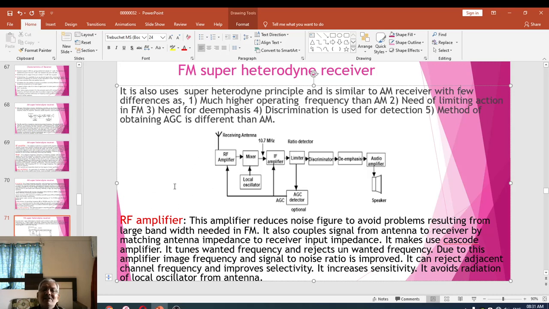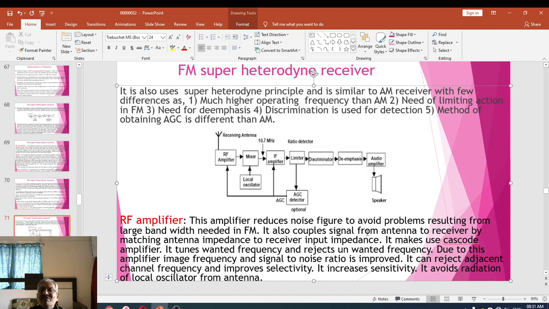The first block it includes is the RF amplifier. This amplifier reduces the noise figure to avoid the problems resulting from the large bandwidth needed in FM. As the bandwidth needed is 88 MHz to 108 MHz, the noise level may be more. To reduce that, the noise figure is managed by means of an RF amplifier.